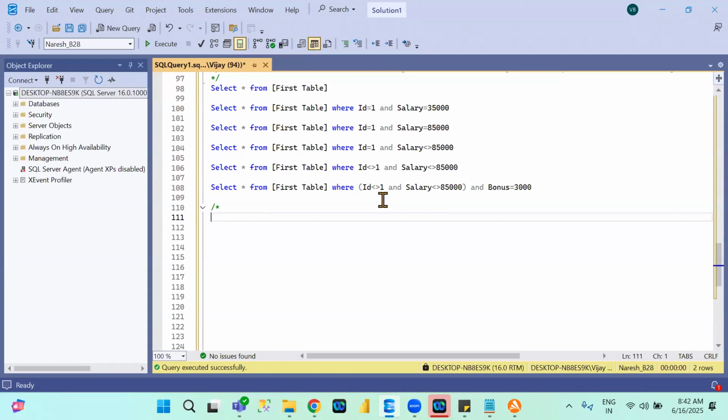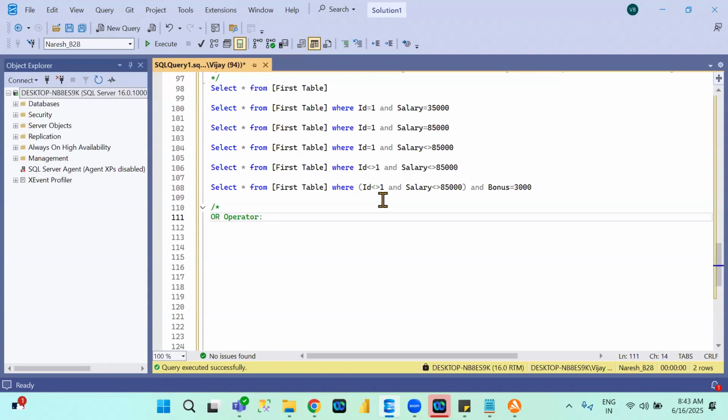Okay. Next one is the OR operator. What is the OR operator? See, in the AND operator, if both the conditions are satisfied, then only that record is included. Otherwise, it won't include that particular record, right? But in the OR operator, if any one condition is satisfied, then that record is included. Which records are not included?